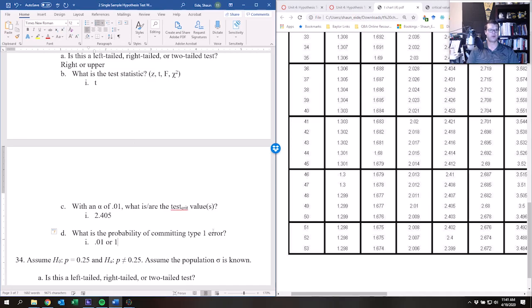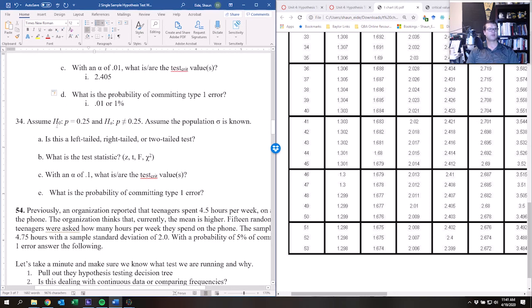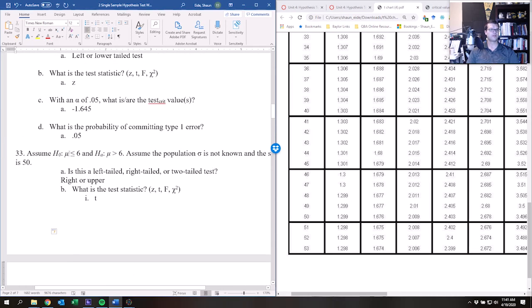Okay, then assume that the null hypothesis is that P. Well, I don't know why it says P. It should say mu.